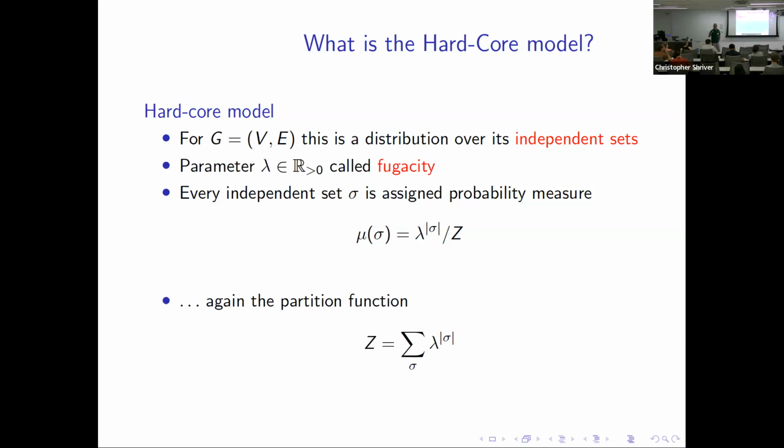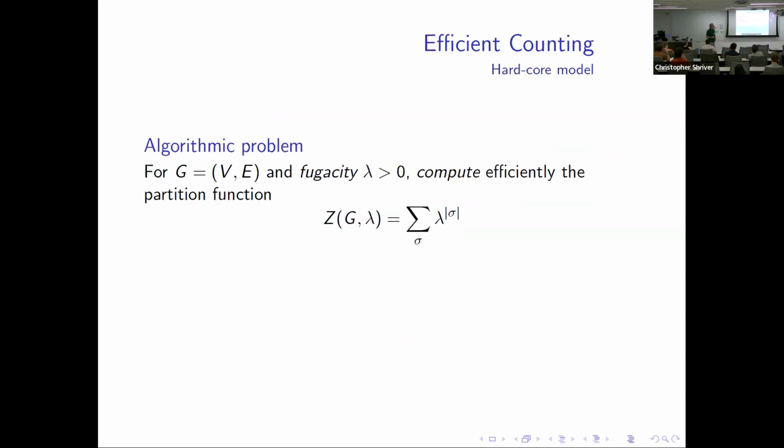So what we really will focus on in this talk is computing the partition function. Let's see exactly what I mean by that. For most of my talk, I'm going to focus on the hardcore model, but most of the things apply for the Ising too.